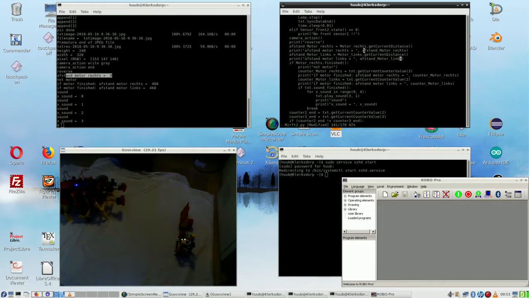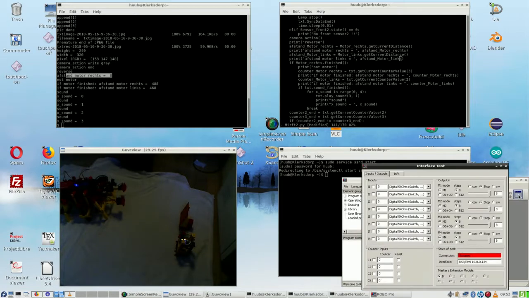So if one of them stays 0 and the other gives a distance, I know that it is one counter, because right here, the right side gives a value, the left side gives nothing. So that's most curious.